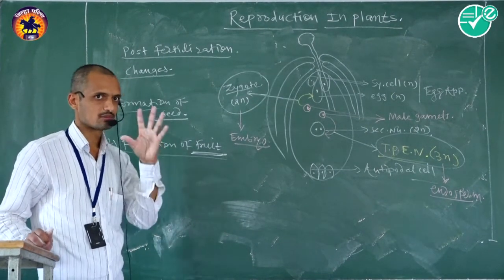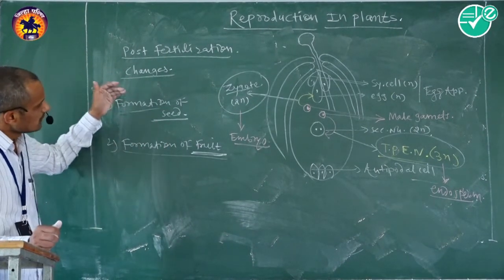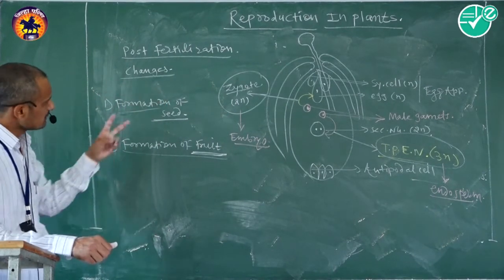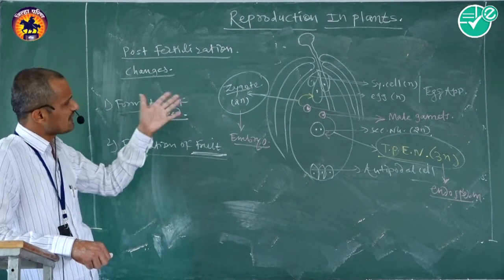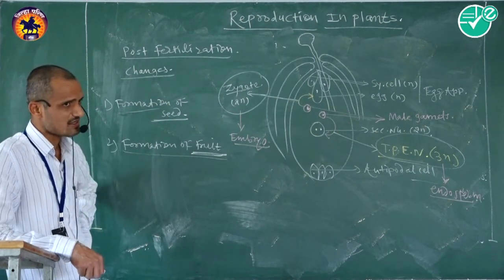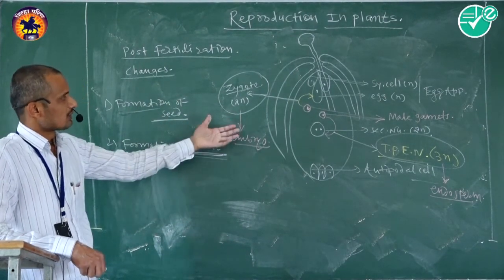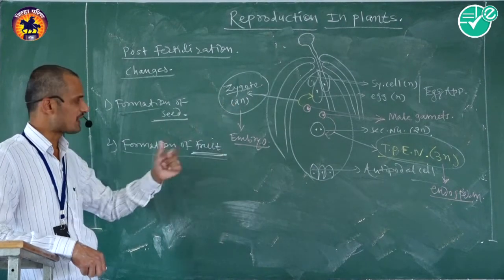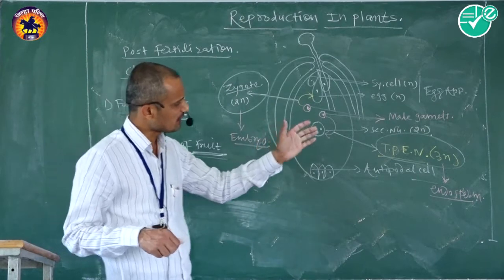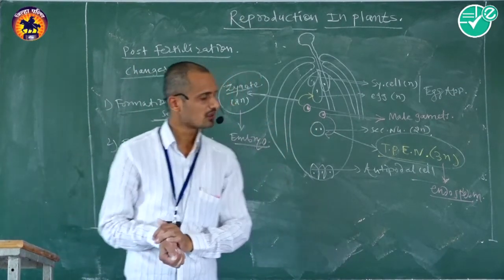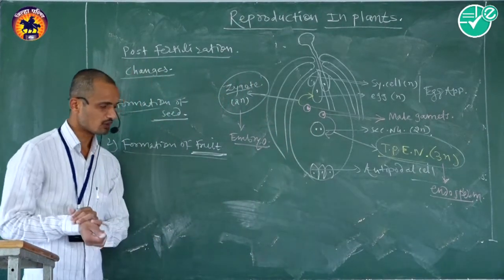Then embryo and endosperm are the parts of seed. Seed is a fertilized ovule. Zygote divides and redivides to form embryo. TPN divides and redivides to form endosperm. Okay.